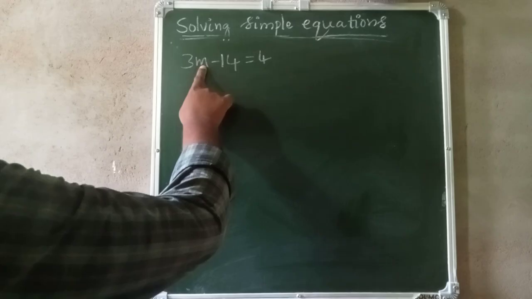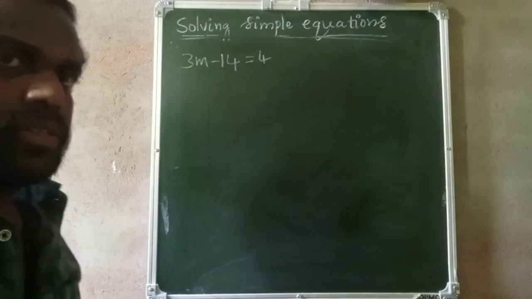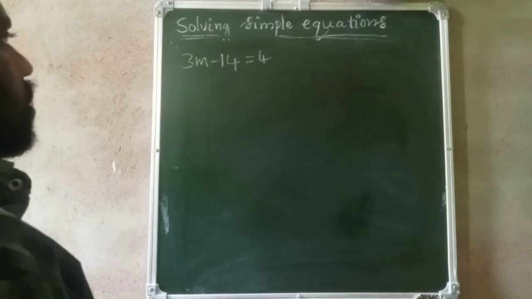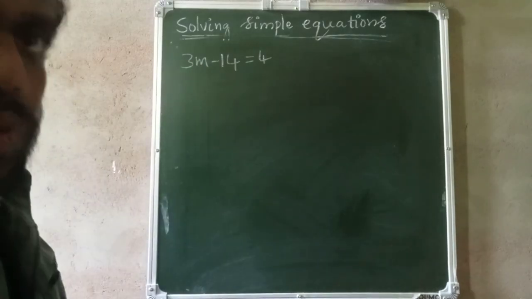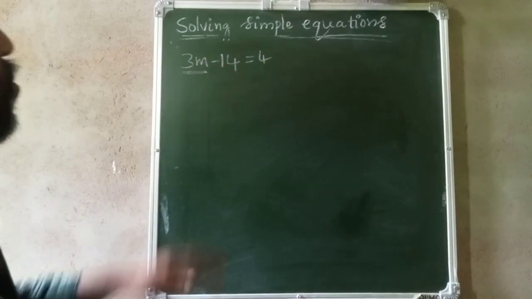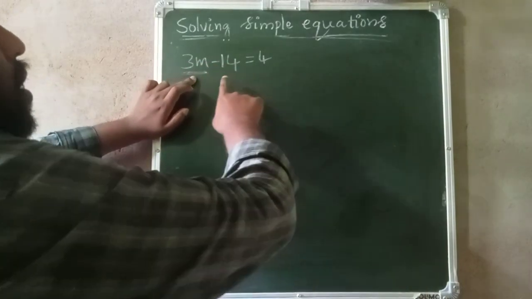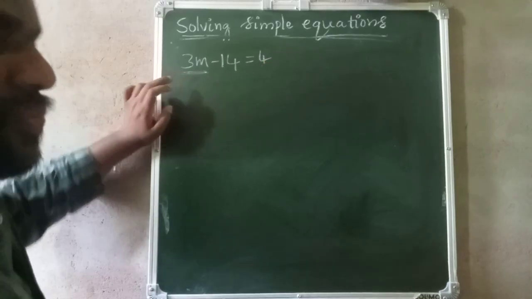So along with m we have 3 also. So we want to find m, correct? So m and along with m whatever is there, you keep this on one side. You keep this here only. So remaining whatever is there, we can move to other side.